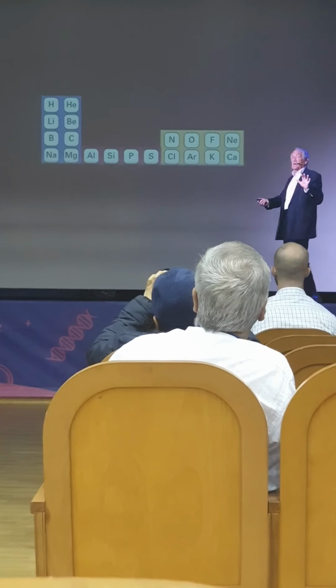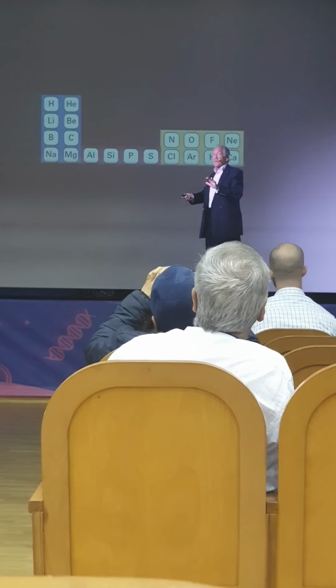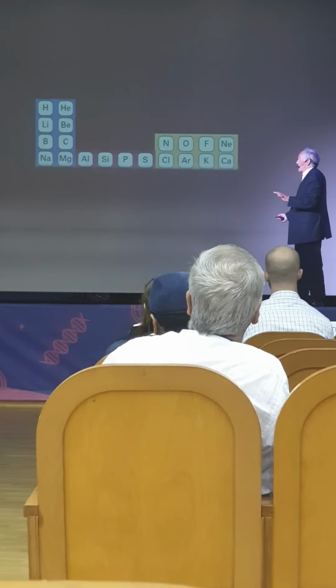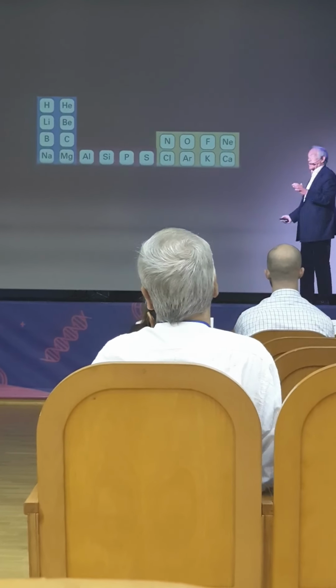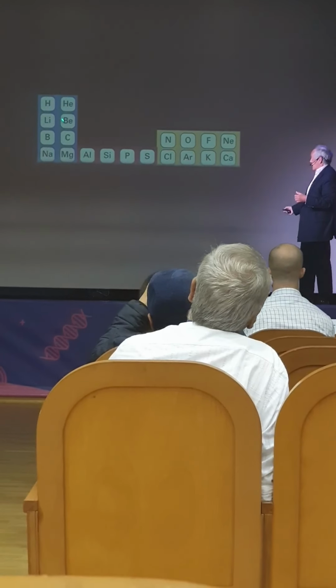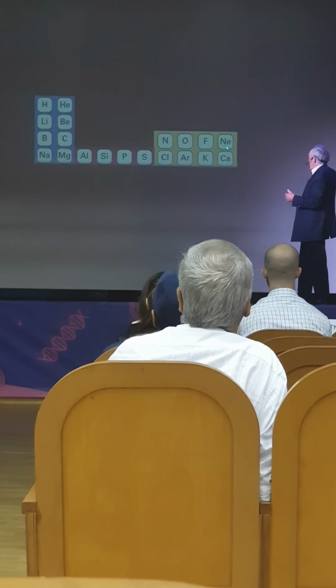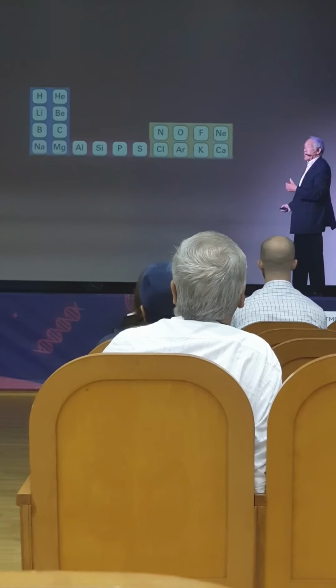So if we lived in a 2-dimensional world, then this would be the beginning of the structure of the periodic table. You can see that it's got resemblances to the 3-dimensional one, but you've got strange bedfellows.